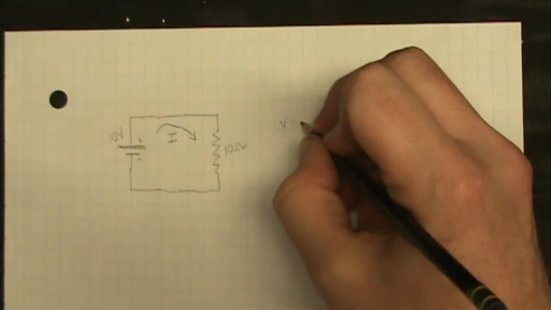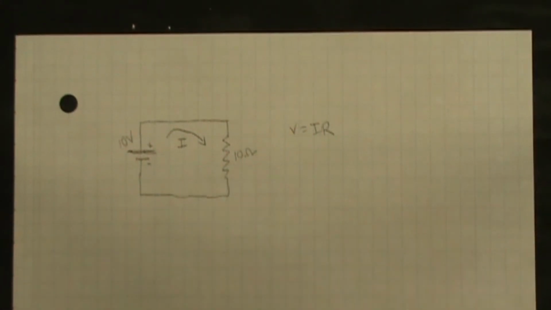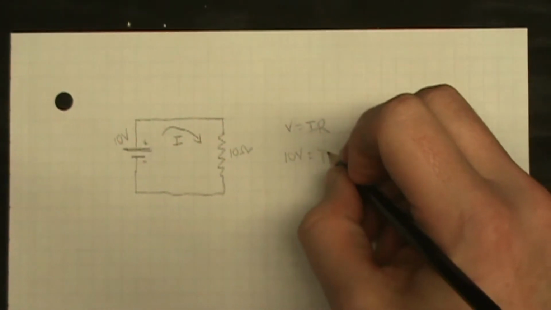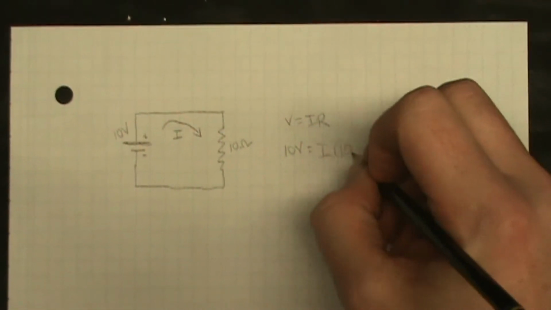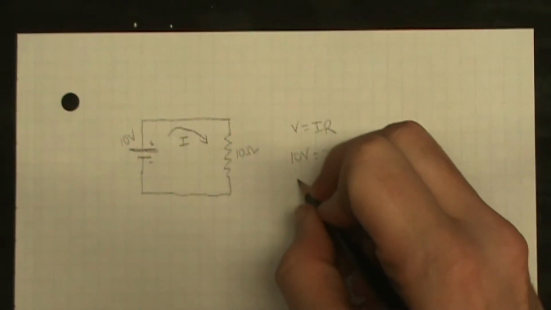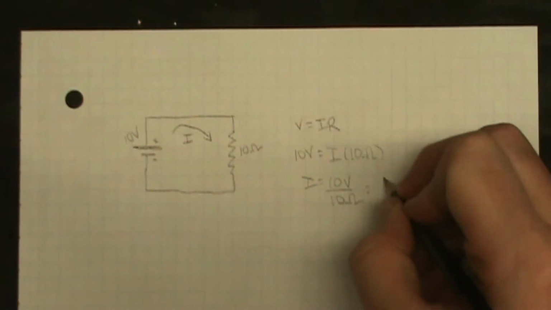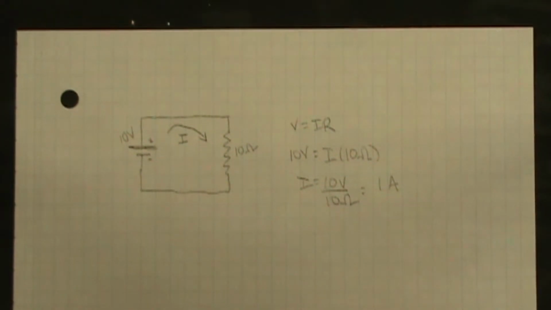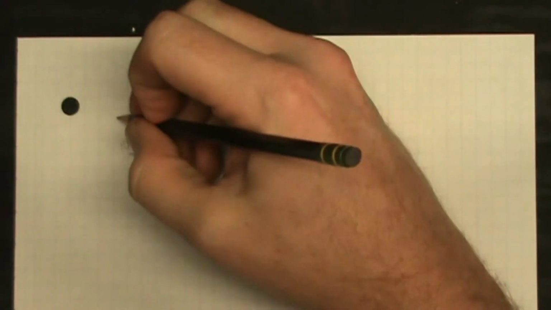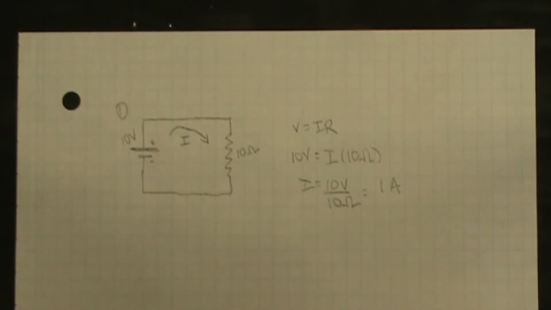So with Ohm's law, V equals IR. To determine this current, we simply put in the voltage, keep the I, multiply that by the resistance. 10 volts divided by 10 ohms equals 1 amp. That was example number 1. Fairly simple.